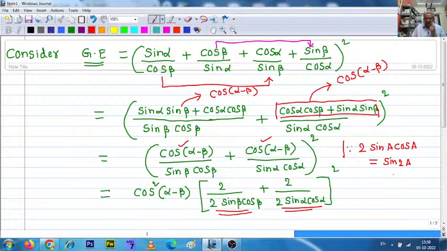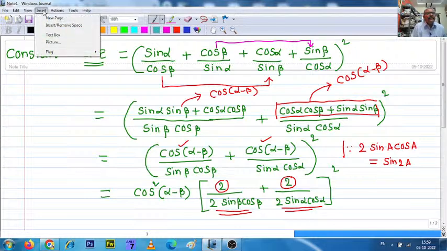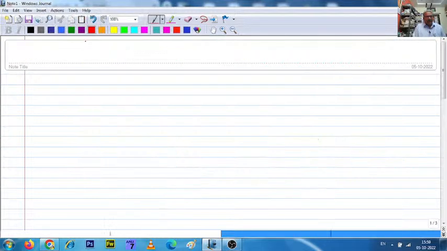So now we are going to write here also 2 can be taken out. So 2 square becomes 4, and that is equal to 4 cos square alpha minus beta. Am I correct?